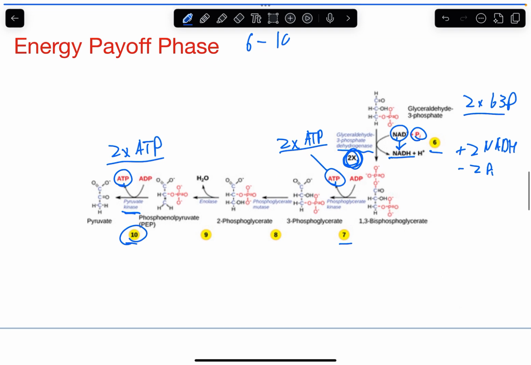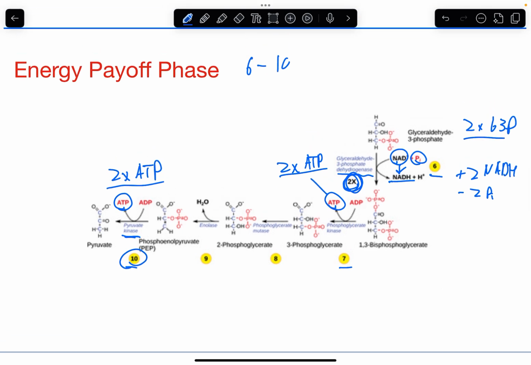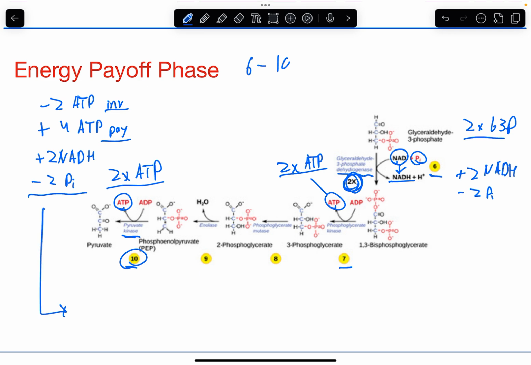So let's account for what we have so far. Remember, we lost 2 ATP in the investment phase. And then we're going to gain 4 ATP in the payoff. And then we're going to gain 2 NADH and lose 2 inorganic phosphates, okay? So total, let's go down here.